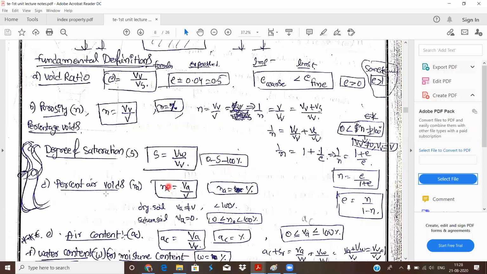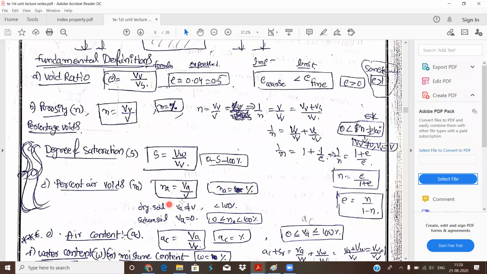Next one, the most important, percentage air voids. In between, we have to remember this formula. Percent means we give the percentage for the total, so here percentage air means the ratio of volume of air to the volume of soil.